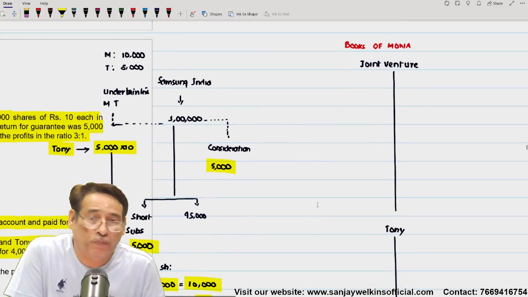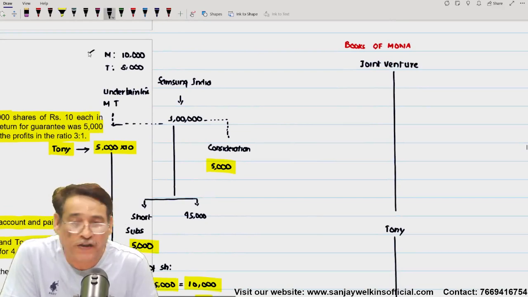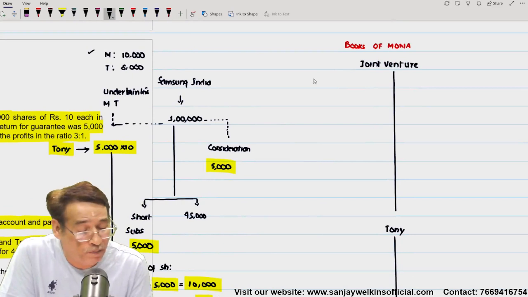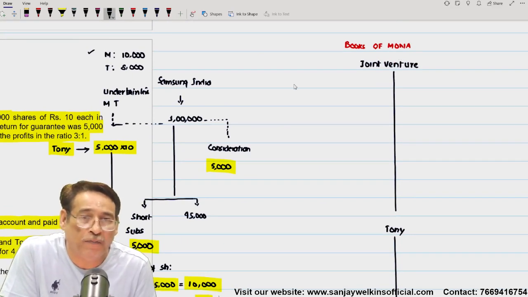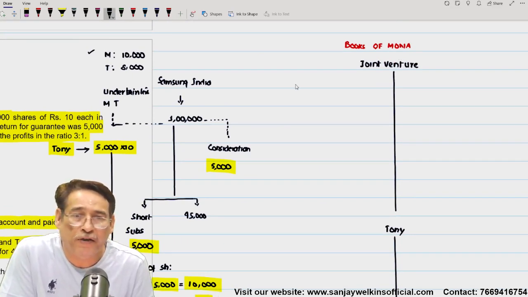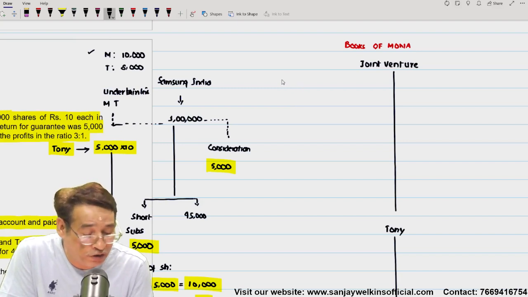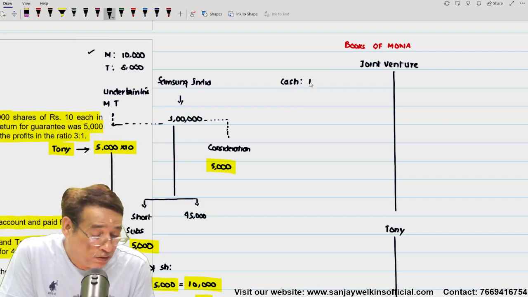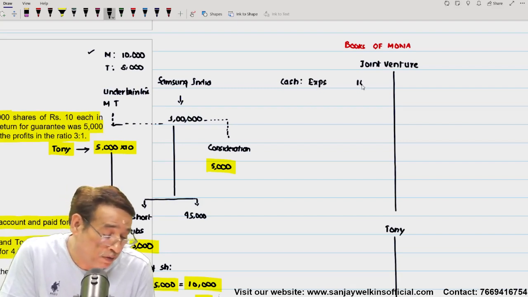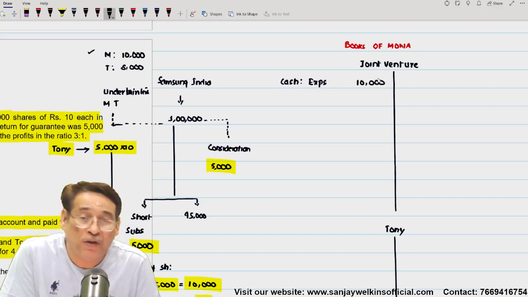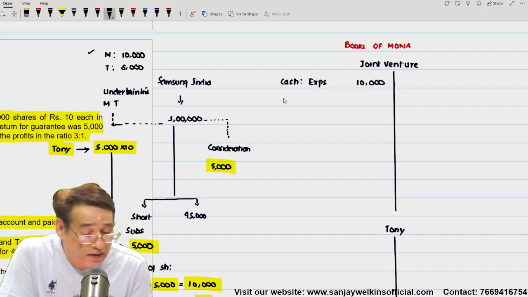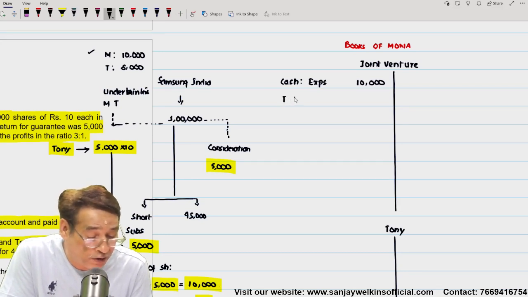Now, in order to begin the question, first of all, I will have to see how much expenses have been incurred by Mona. Because we are doing the accounting in the books of Mona, obviously Mona is going to pass the entry: joint venture account debit to cash account, expenses 10,000. Correct? Then Tony has incurred expenses, so Mona will write the entry: joint venture account debit to Tony account.